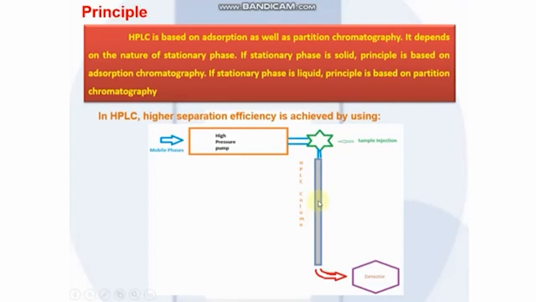It gives a much greater surface area for interactions between the stationary phase and the components or molecules which are flowing through it. This allows a much better separation of components of the mixture.